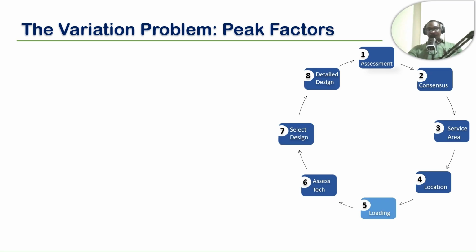Now let's go into understanding the issues with the variation. Remember, fecal sludge does not come in consistent volumes. There are variations. So here, while assessing the loading, that's when now the issues to do with the peak factor comes in handy. So the peak factor helps you account for intermittent deliveries.